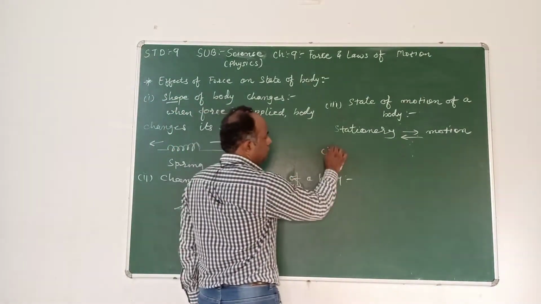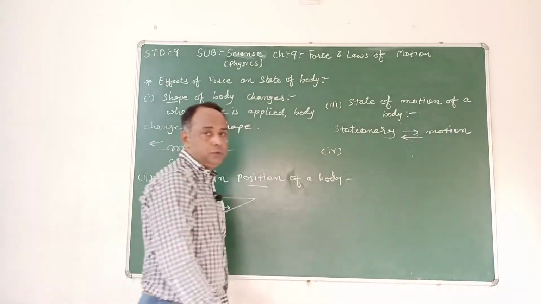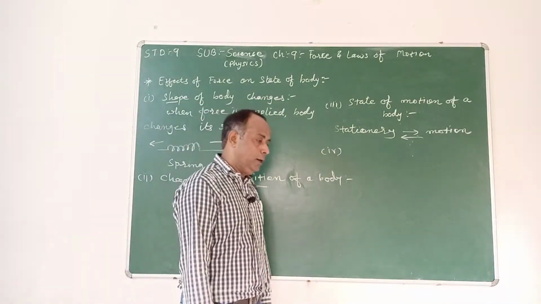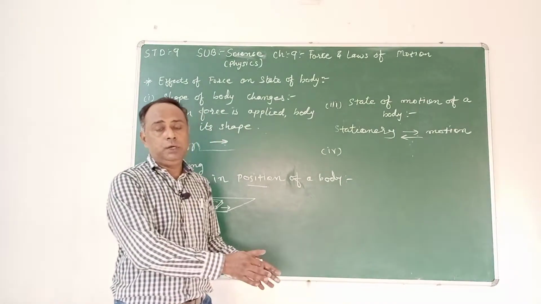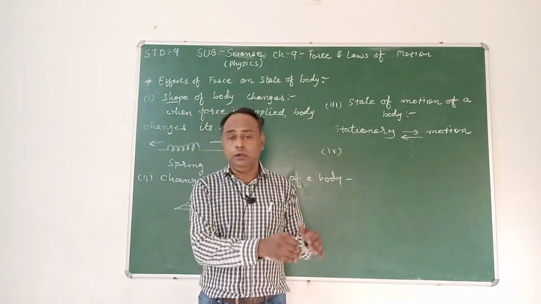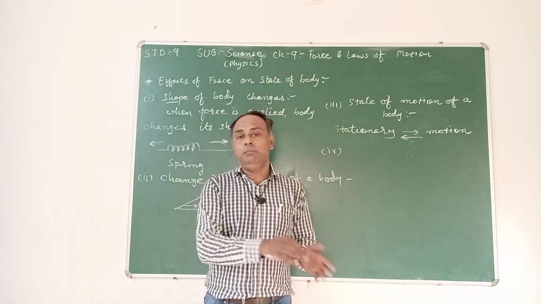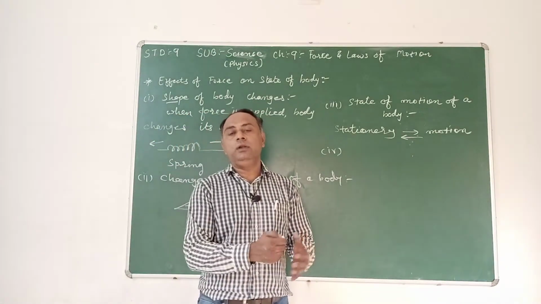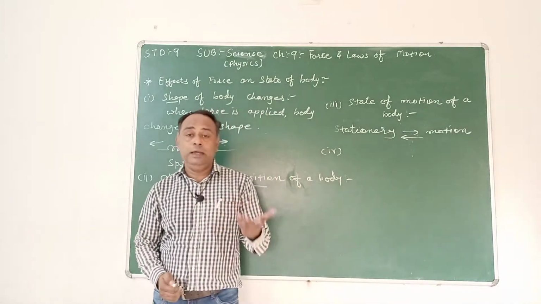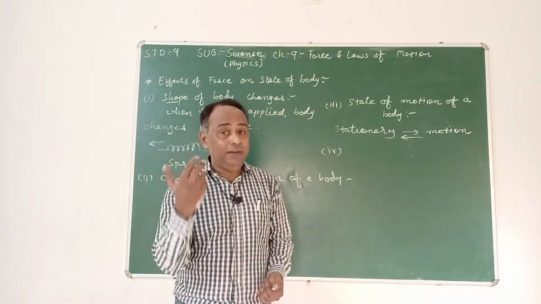Now let us talk about the fourth effect of force. We have seen that a stationary body can be brought into motion, and a moving body can be brought to a halt. But if a body is already in motion, will we be able to change its velocity?